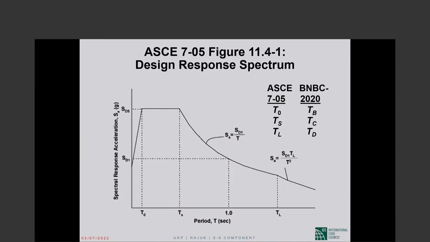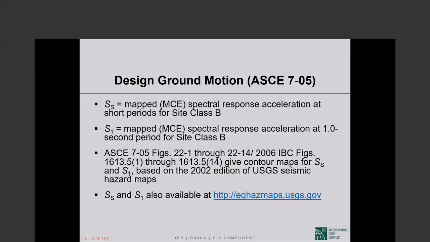That doesn't mean they're identical periods. All I'm saying is that one takes the place of the other. What is T sub S in the ASCE spectrum is T sub C in the BNBC spectrum, and what is T sub L in the ASCE spectrum is T sub D in the BNBC spectrum.